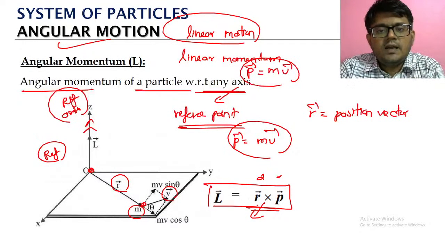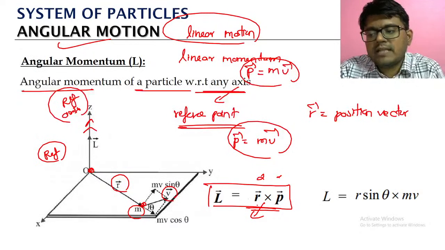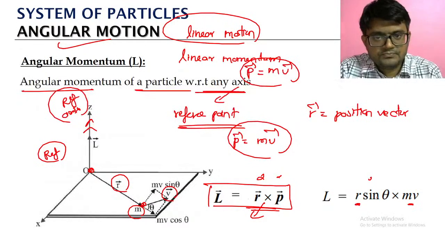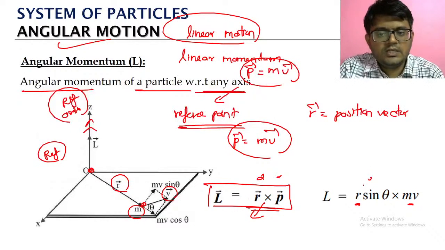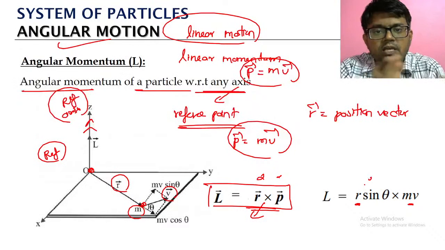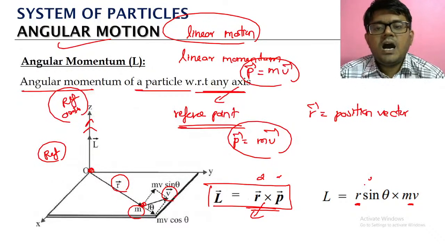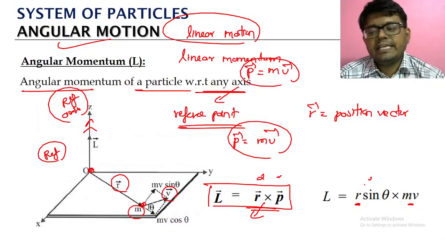So இப்ப பாருங்க, this is a cross product, right? So அதோட magnitude எவ்வளவு? Because if you are looking at two vectors a and b, a cross b means what? The magnitude is a into b into sin theta தானா? So it will be r into mv into sin theta.